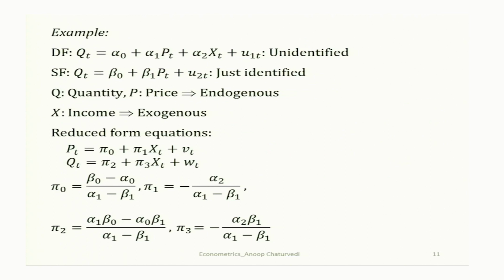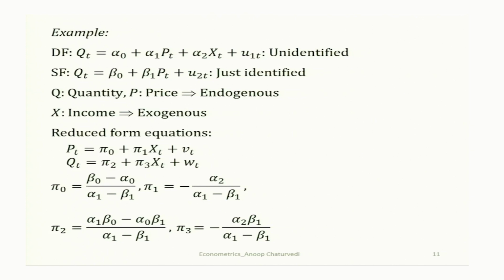Again, we consider this example. You have a demand function and a supply function. You can easily verify, using rank and order conditions, that the demand function is unidentified and the supply function is just identified.